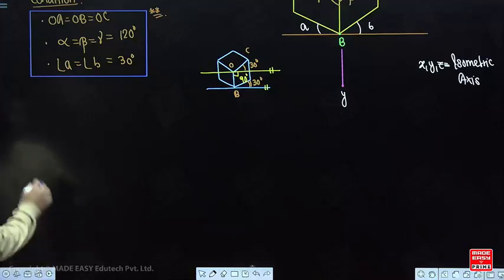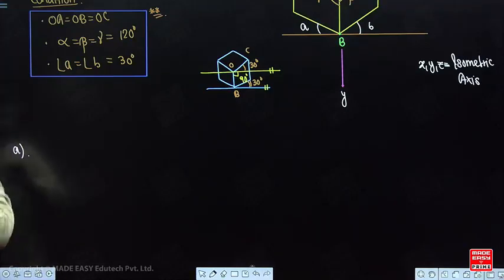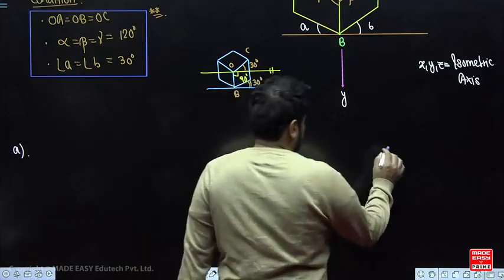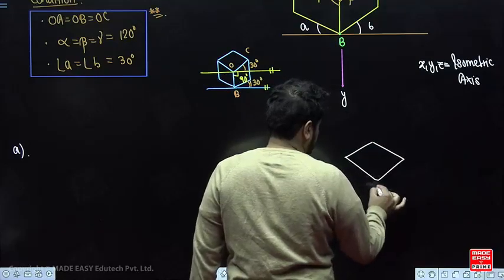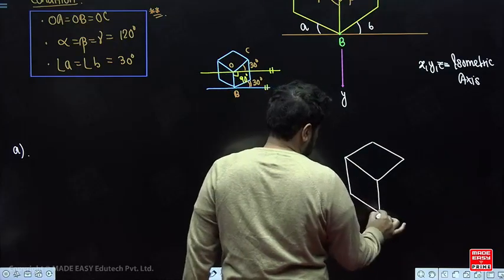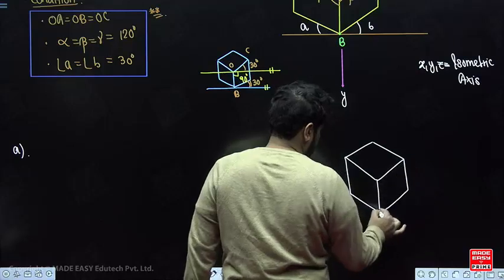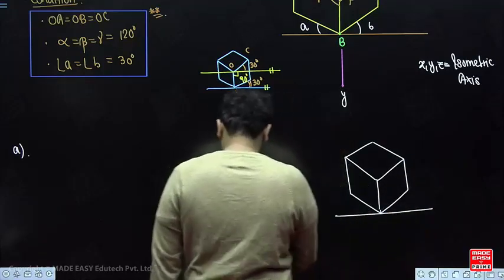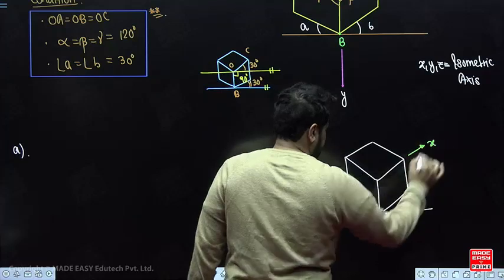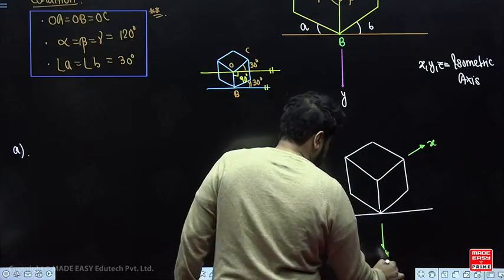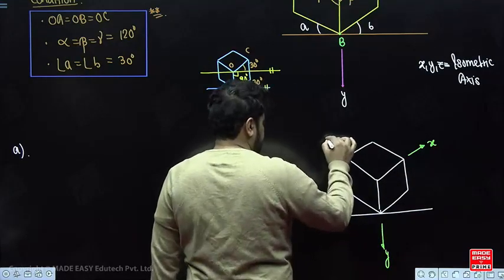Correct. Now see some important points. The first point, listen very carefully. See, this is your isometric projection of an object. Now I said that this is your isometric axis, x-axis, this is your y-axis, and this is your z-axis.